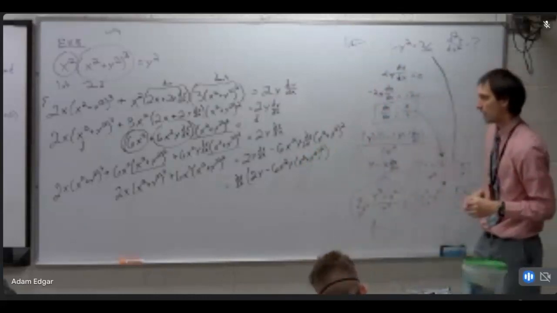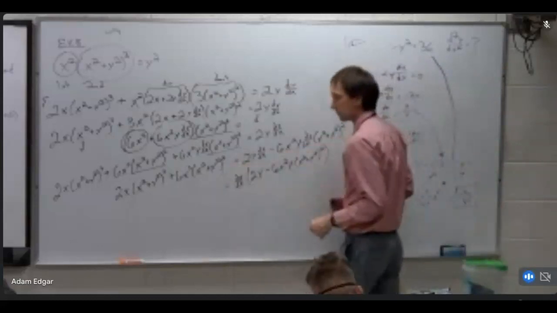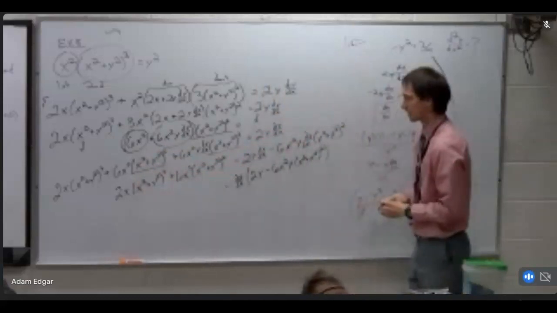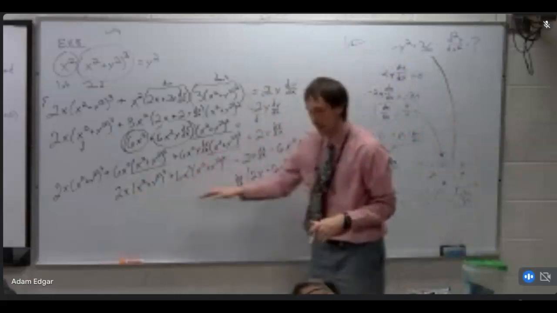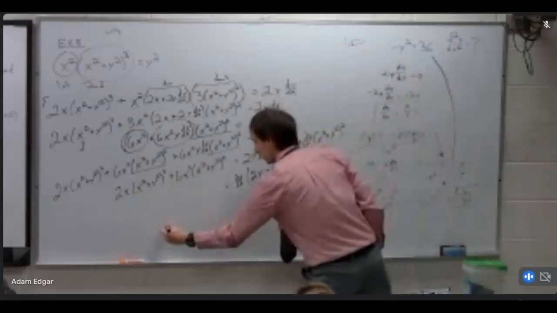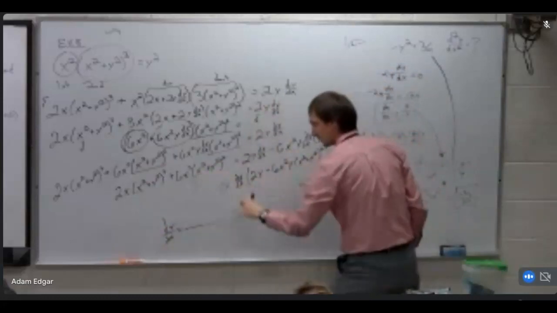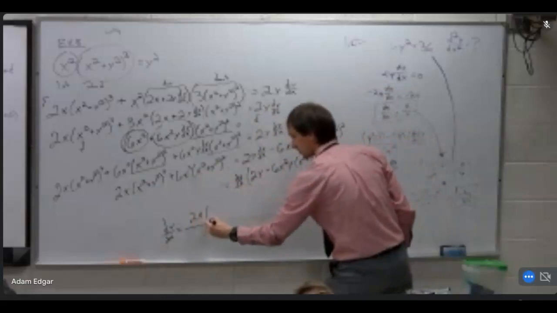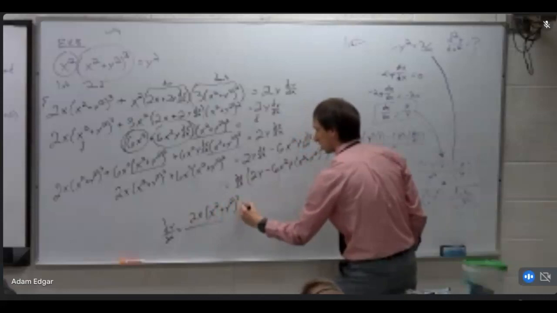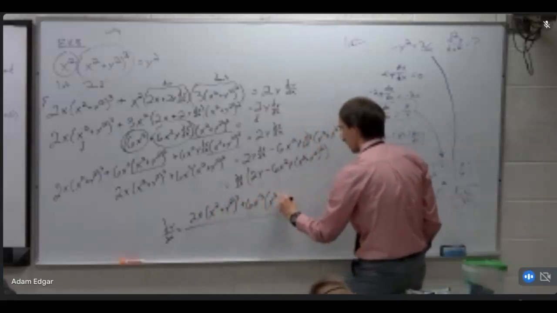And then what do you do with that mess? Just divide the whole thing over. Meanwhile, this stuff does nothing. So all this non-dy dx stuff, once it's isolated, just sits there and waits to get divided by something. So we end up with dy dx equals all that non-dy dx stuff just sitting there: 2x quantity (x squared plus y squared) cubed plus 6x cubed times (x squared plus y squared) squared.